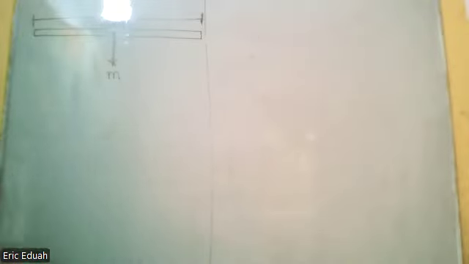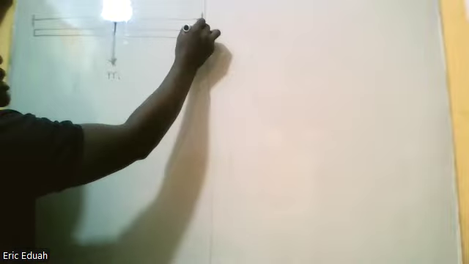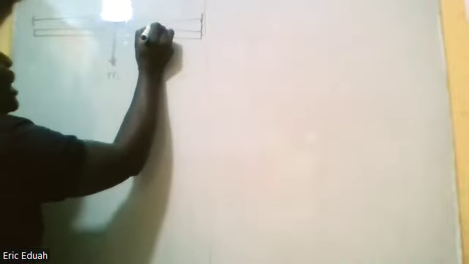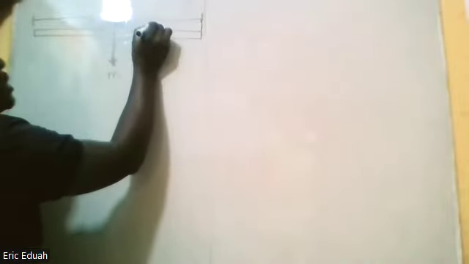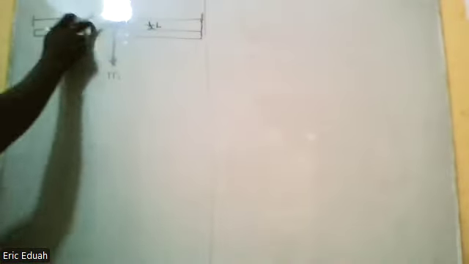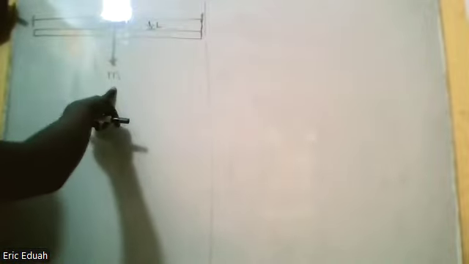Small m. We're told the mass is small m. Being uniform also means that from the ends, we have half of this length. So the distance from the end to this mass is half of the whole.